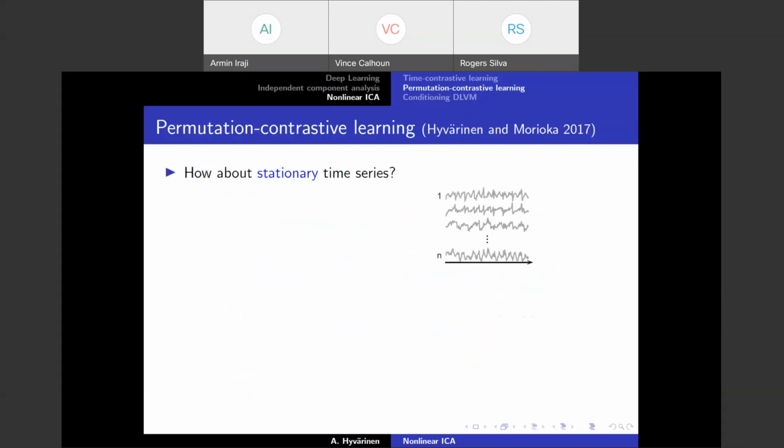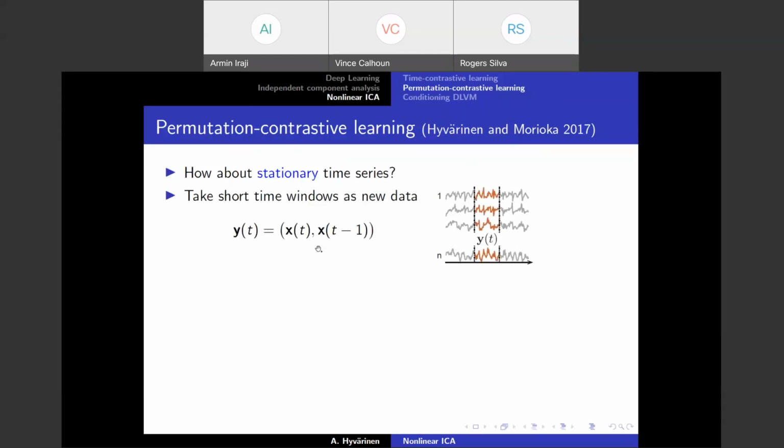Okay, and then we have another very simple self-supervised learning method, which is based on, in fact, modeling a completely different kind of temporal structure, which is temporal dependencies in a stationary time series. So again, we have an n-dimensional time series. Next point, please.